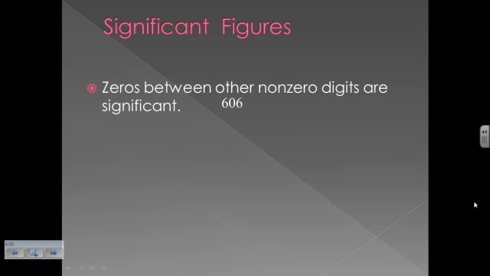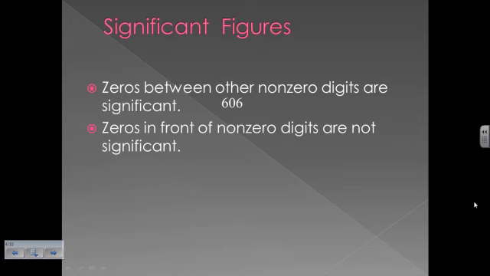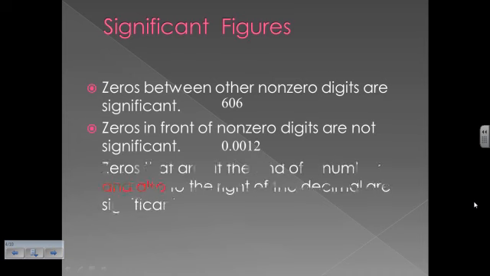The zero in between the 2 non-zero digits is a significant value. Zeros in front of non-zero digits are not significant. So the 3 zeros here are not significant. The only ones that are, are the 1 and the 2. So this would have 2 significant digits in it.